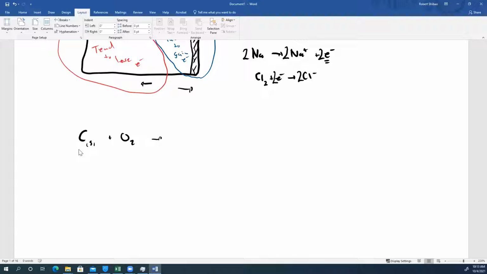What we know is that carbon can lose up to how many electrons? Because in this case, carbon's further to the left, oxygen's further to the right. And so oxygen is going to be taking the electrons, carbon's going to be losing electrons.